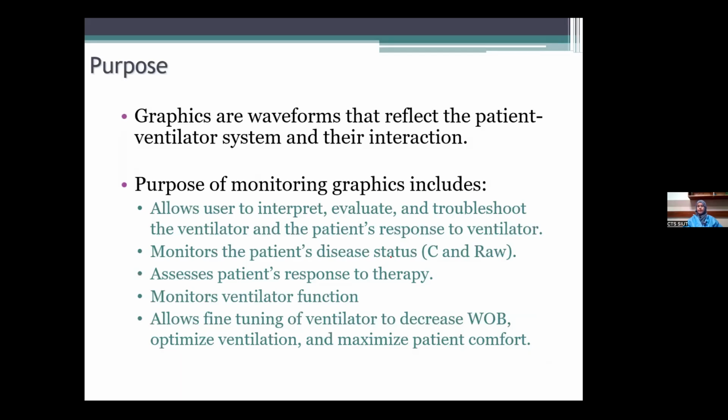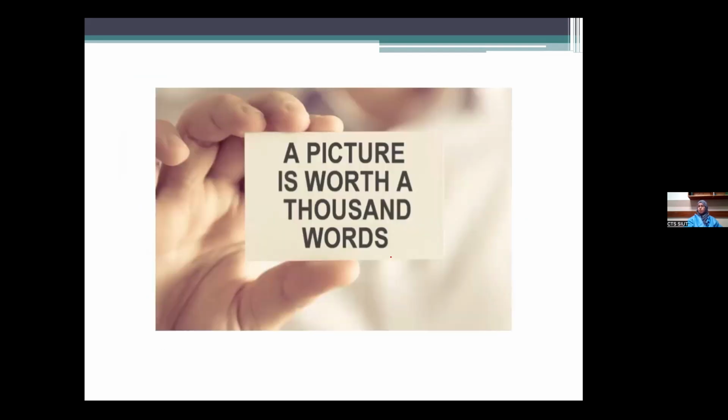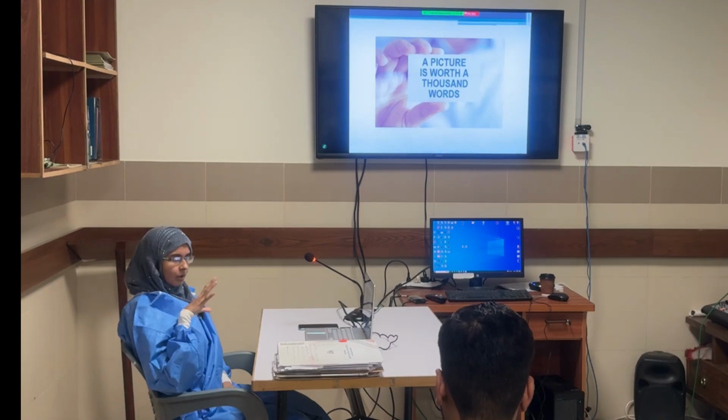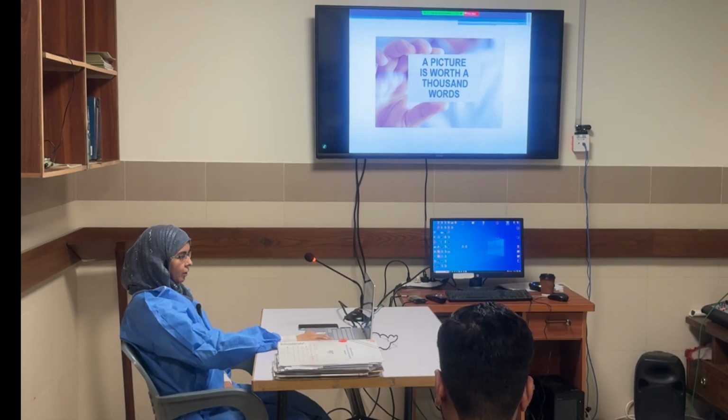We will be able to monitor the patient's disease status, specifically the compliance and the airway resistances, assess the patient's response to therapy, monitor ventilator functions, and allow fine tuning in order to decrease the work of breathing for our patients and make them more comfortable with the ventilatory settings. We would be going through a lot of pictures and what they mean. So there would be little text and a whole lot of graphical representation of things.